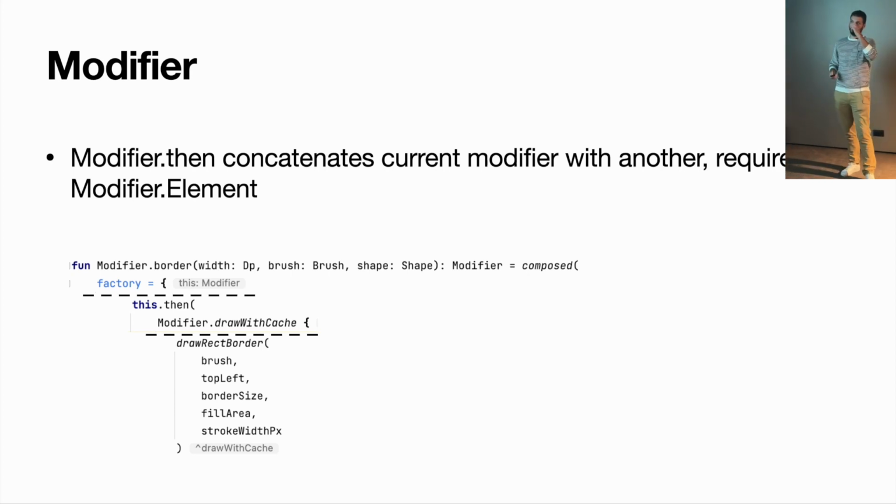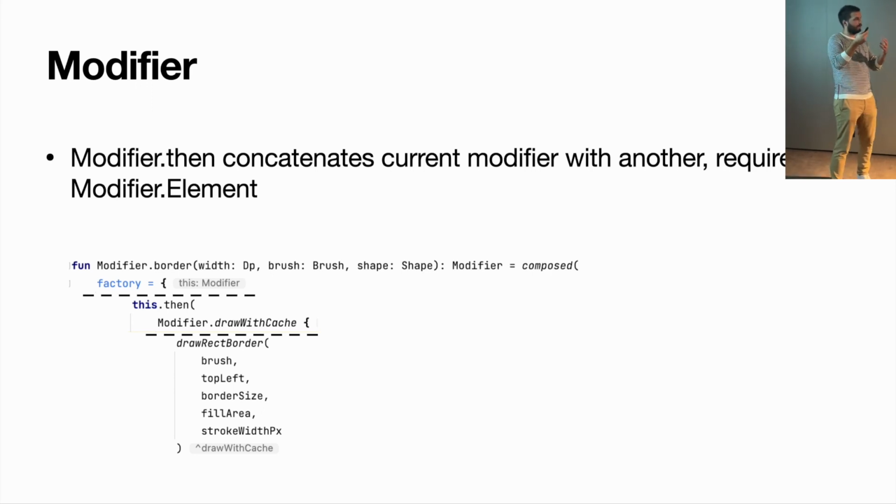One more thing I wanted to look at before the end is modifier.border. Why is it so simple? Why didn't Android view system use it before? Well, basically, these modifier elements that we are chaining one after the other are done with this function modifier.then.